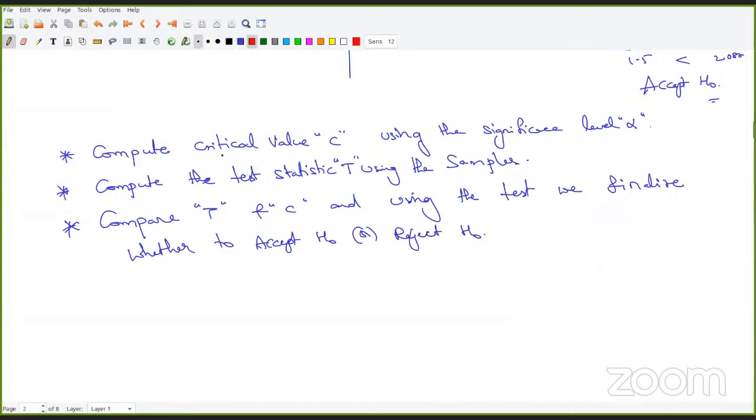So see here: compute the critical value using the significance level, compute the test statistic using the samples, and using the test finalize whether to accept or reject. These are the steps involved in this particular problem solving.